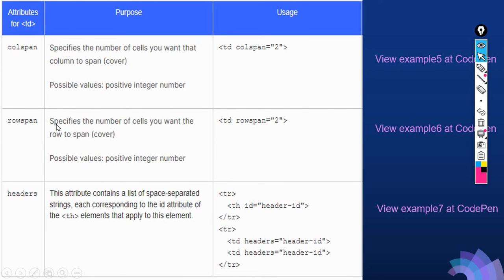So another attribute is the rowspan, and this specifies the number of rows you want the cell to span or cover.